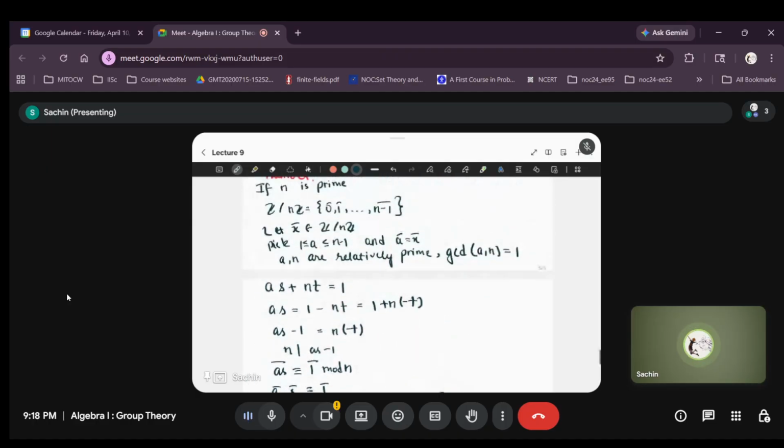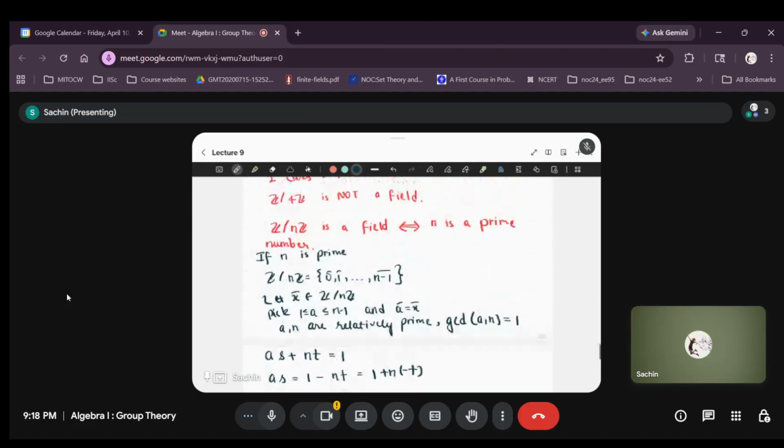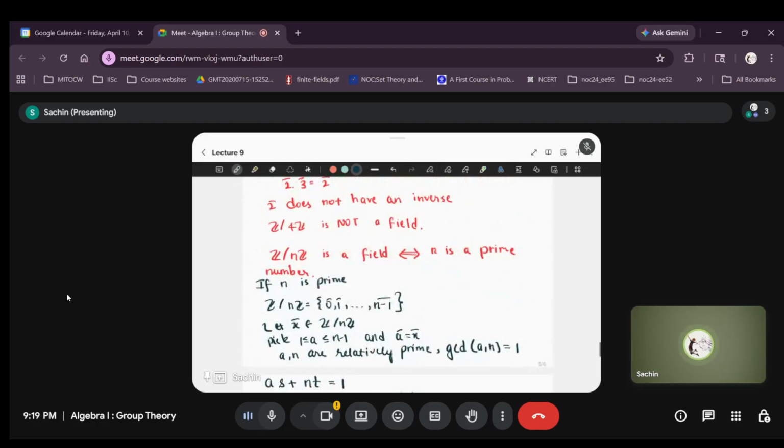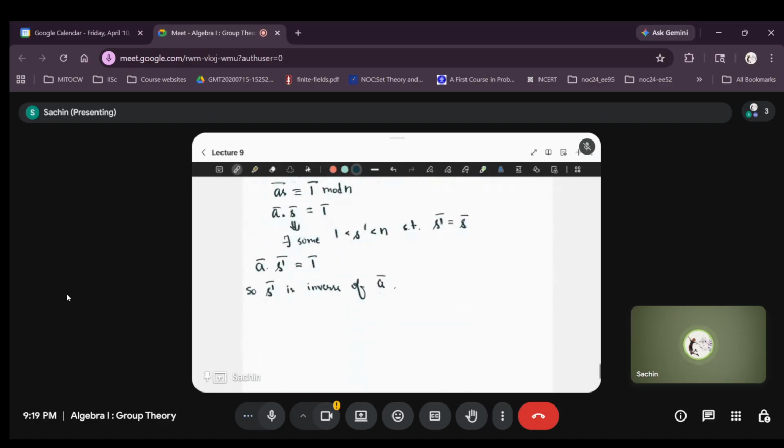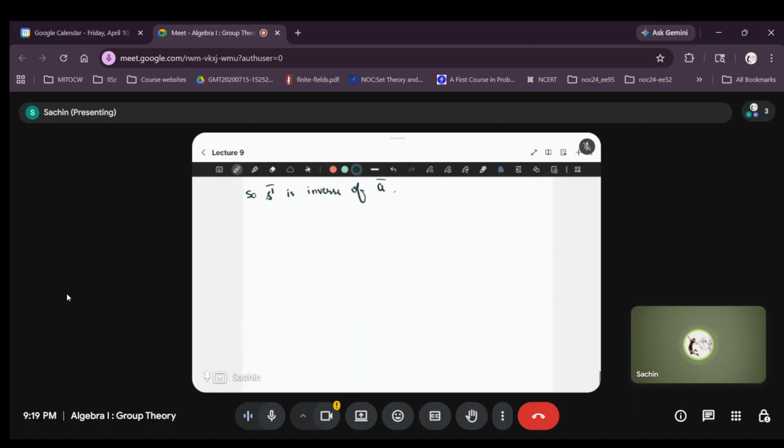Okay, that is only one side of this. If n is prime, Z mod nZ is a field. So what about the converse: Z mod nZ is a field means that n is prime. That is, if n is not prime, Z mod nZ is not a field. Can you prove that? It's very simple.